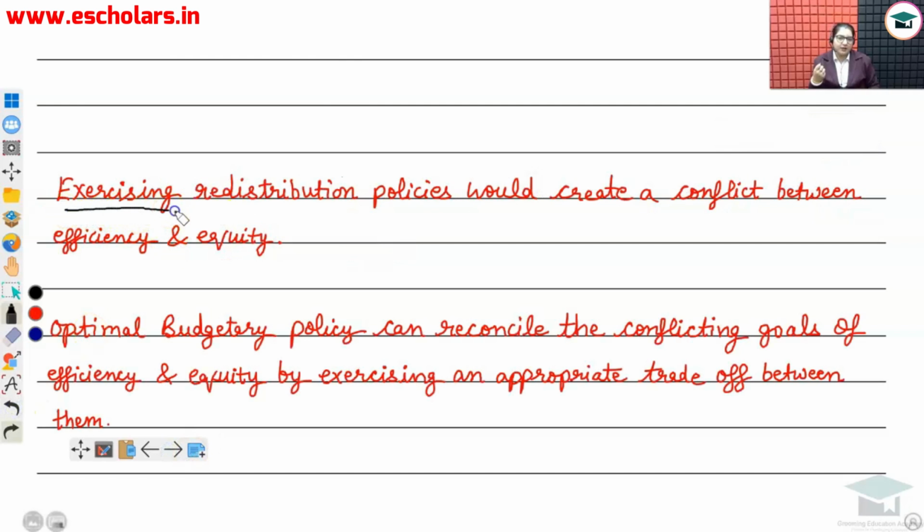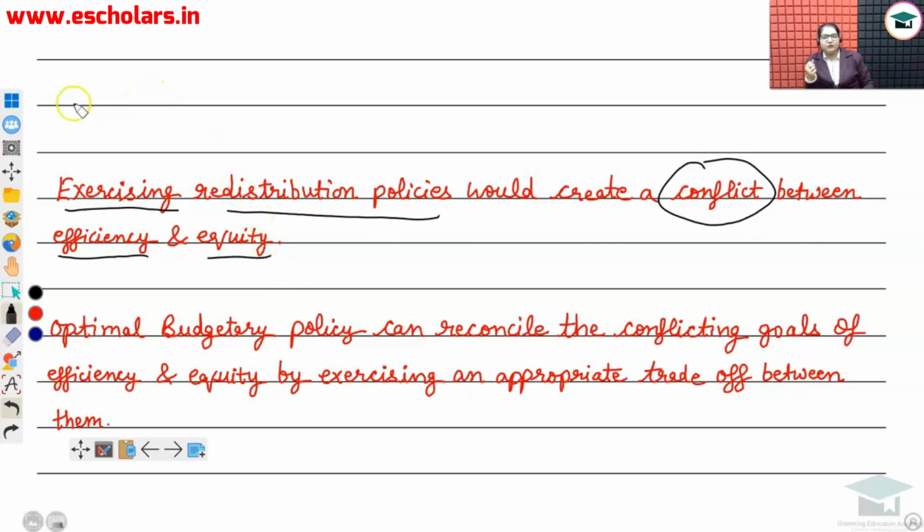Now students, when we implement the redistribution policies, there is a conflict between efficiency and equity. Let's look at an example. If the government levies higher rates of tax on the income of rich people, it will create a disincentive for them to generate higher levels of income, because they know that with higher income they have to pay more tax.